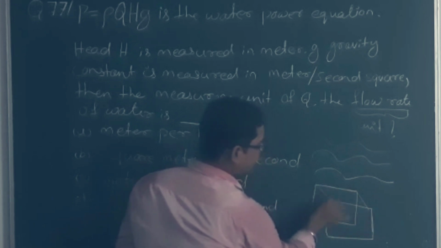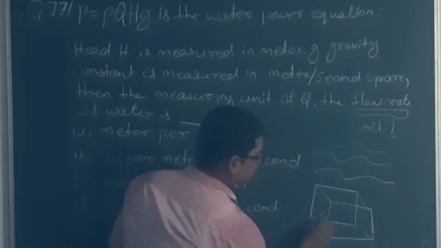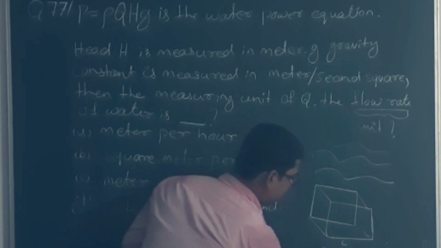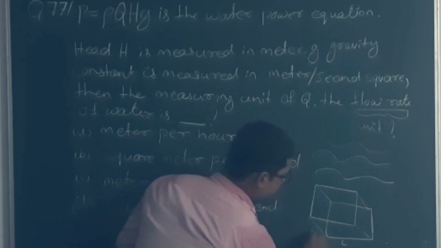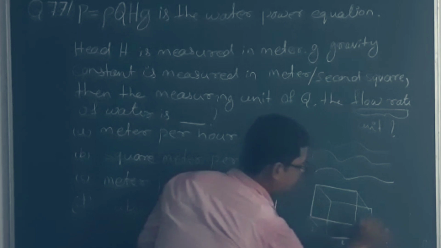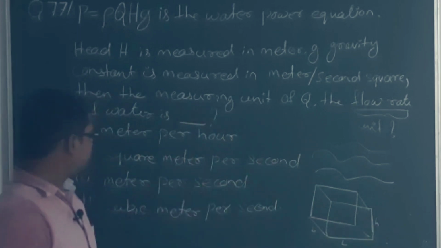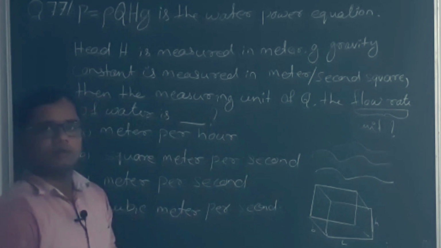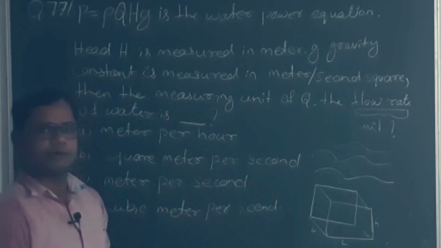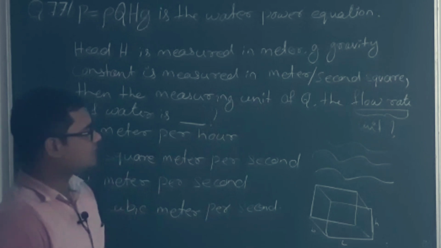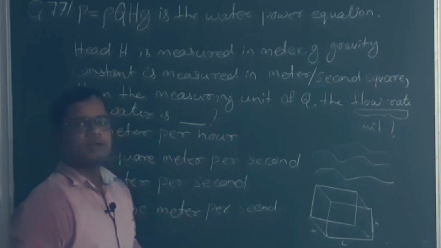I am just drawing that. This is your length, then it is your breadth, and this is your height. The volumetric calculation unit is always a cubic unit, that is cubic meter, centimeter, whatever. So the flow of water, or discharge, is calculated in cubic meters.